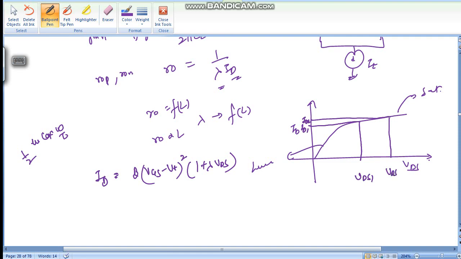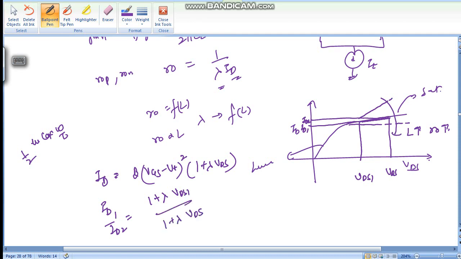Basically this slope, if we reduce this slope, then RO is increasing. If we increase this slope, RO is reducing, and this depends upon length. So here length is increasing, RO increasing. Now we can put this value ID1 upon ID2 equals 1 plus lambda VDS1 over 1 plus lambda VDS2.